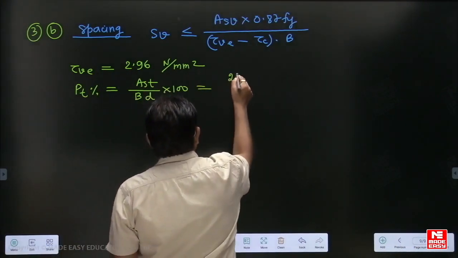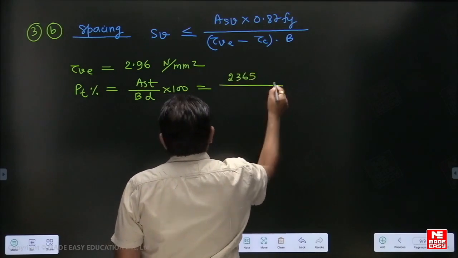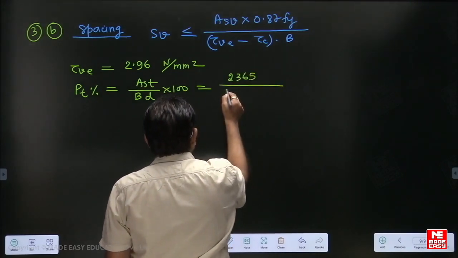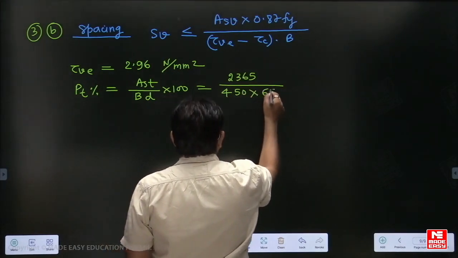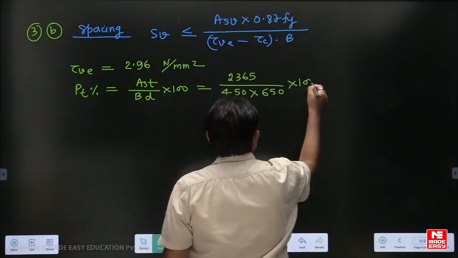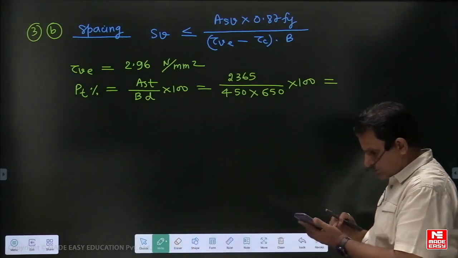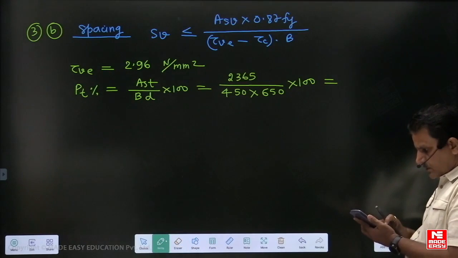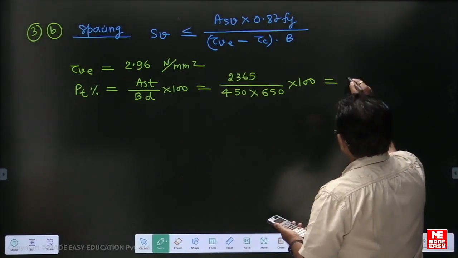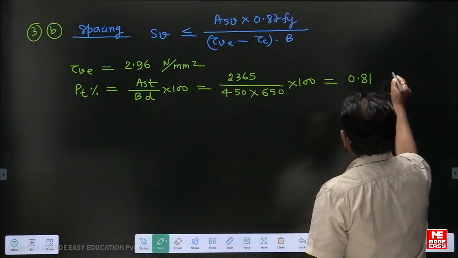This is 2365 divided by b, which is 450, by small d, which is 650, into 100. So this is equal to 2365 upon 450 by 650 into 100. This is 0.808%, 0.81% let us say.